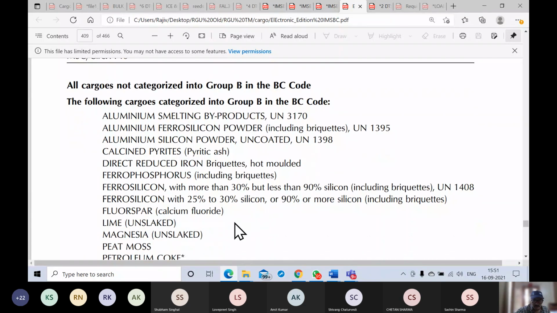Again, not important to memorize this, but important to know that there is a list like this. That is important, that you are aware there is a list of cargoes and these are exempted from a fixed gas firefighting system.